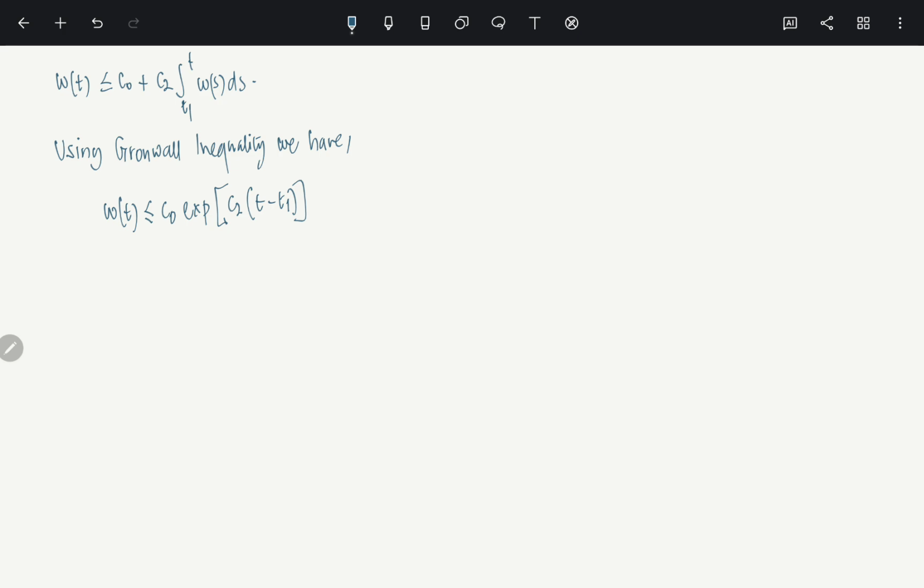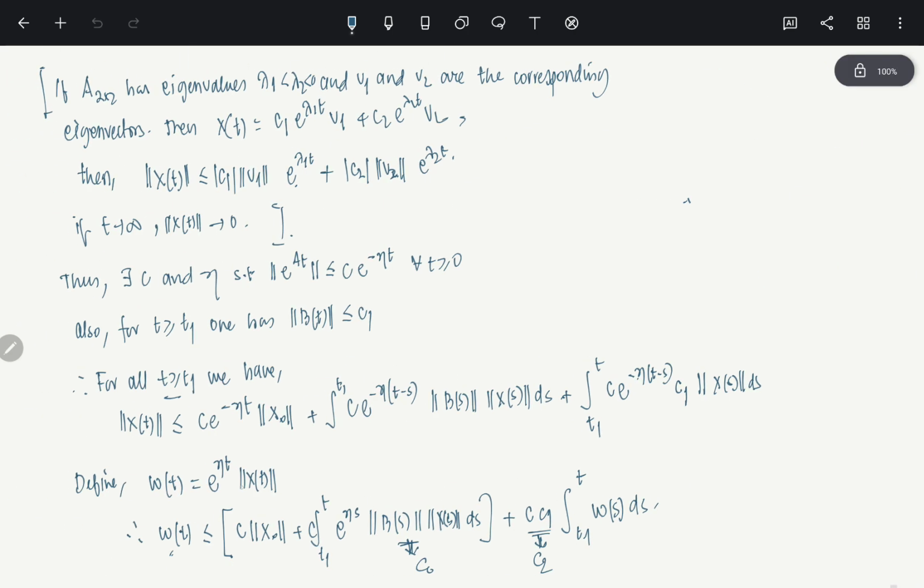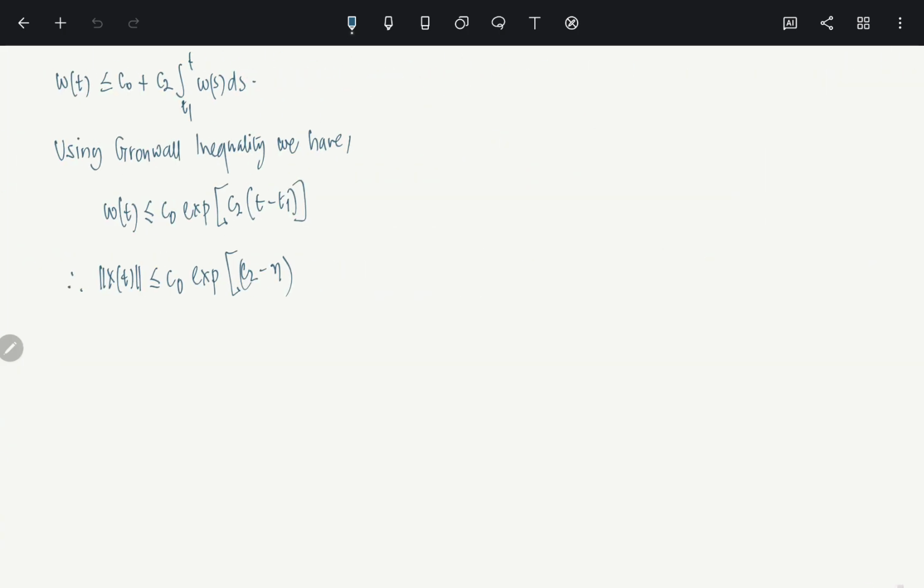Clear? Yes, this is by Gronwall, and therefore x of t is dominated by C naught times exponential of C2 minus eta, see, your e to the eta t is there, so minus eta, times t, minus C2 times t1. Clear?